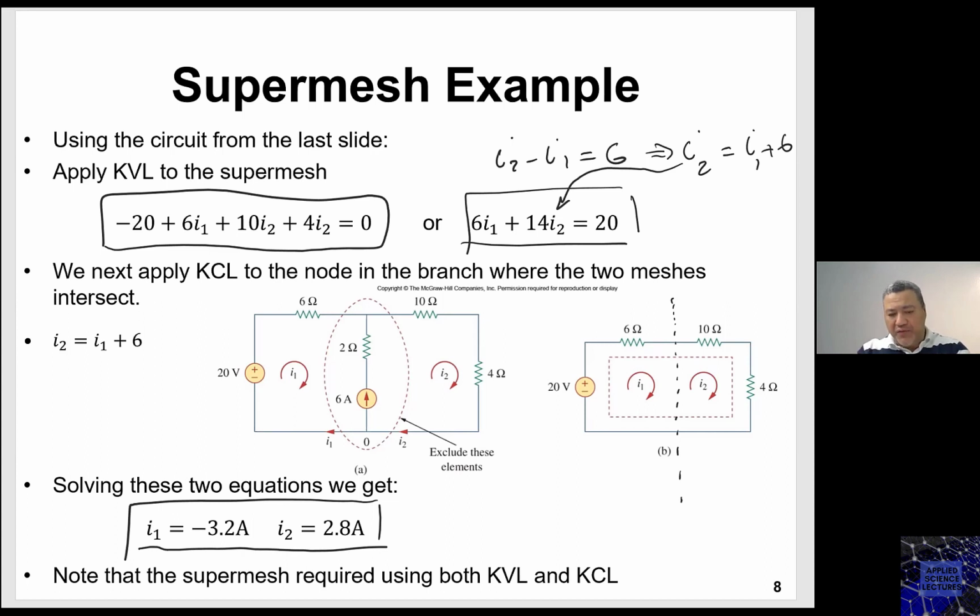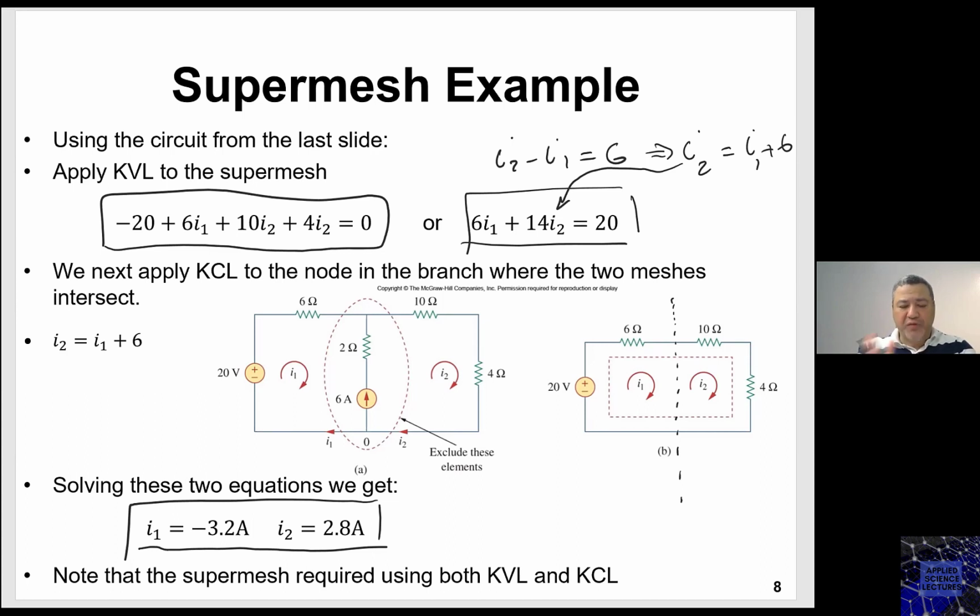We are on the left part of the super mesh. We write the mesh equation exactly the same way we wrote the conventional mesh equations. And then after we have finished the first part, we move to the second part, and continue writing the mesh equation for the second mesh current.